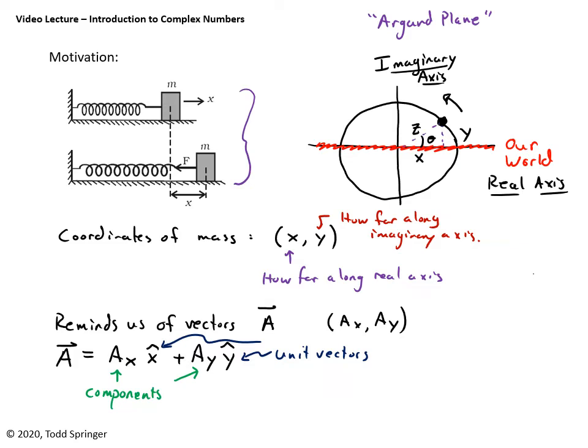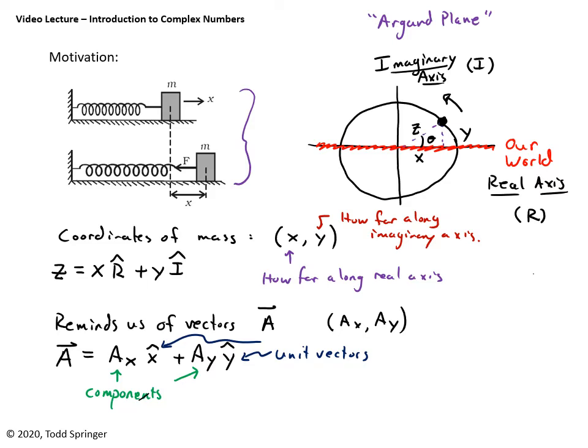So I can think of the position of my mass in this imaginary space in the same way. So I'm going to call this real axis r and the imaginary axis I. This is just notation I made up. So z, which is the position of the mass, could be written as x times r hat, so that's how far I go along the real axis, plus y times I hat, that's how far I go along the imaginary axis.